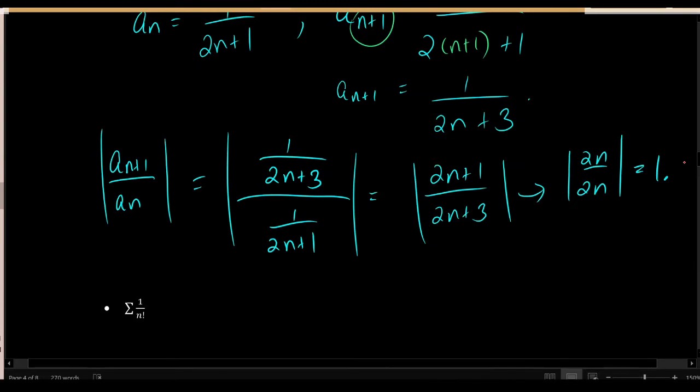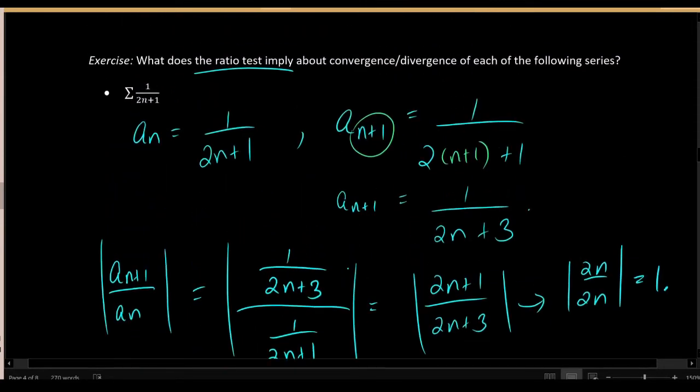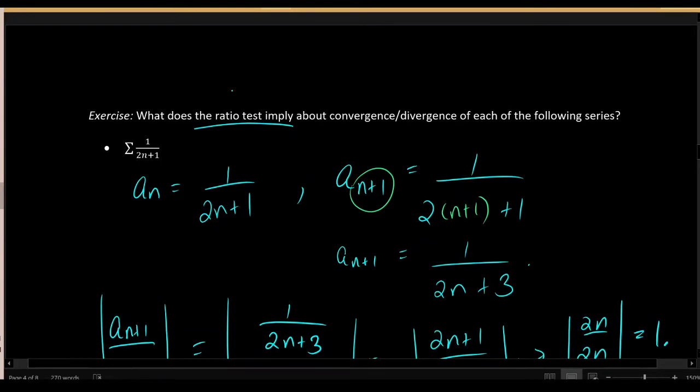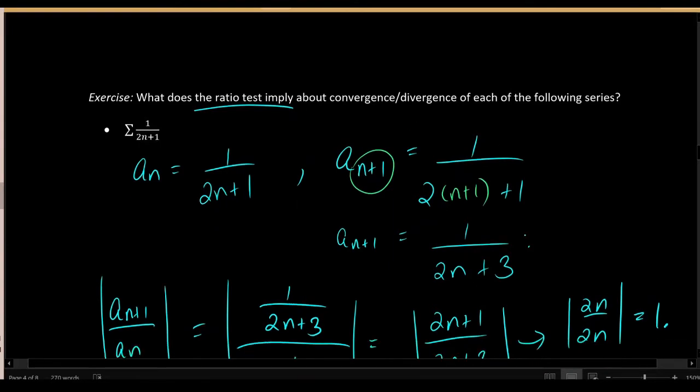Which means that the limit of the ratio that we obtained is not strictly larger than 1, it's not strictly smaller than 1. So ratio test is still locked. In answer to this question, what does the ratio test imply about convergence/divergence?